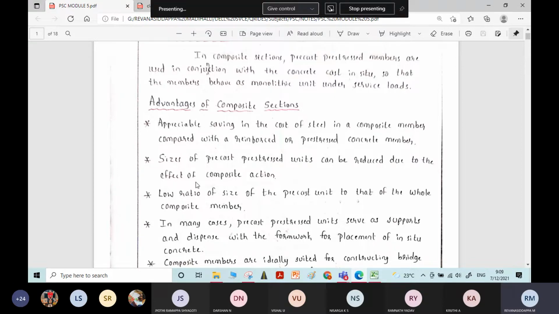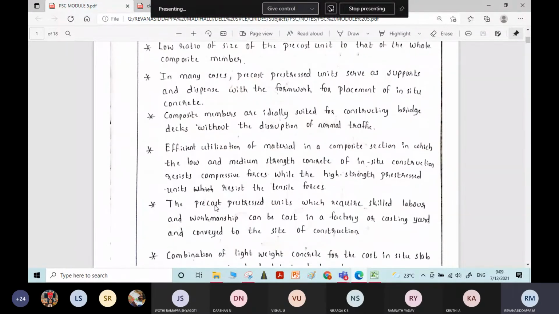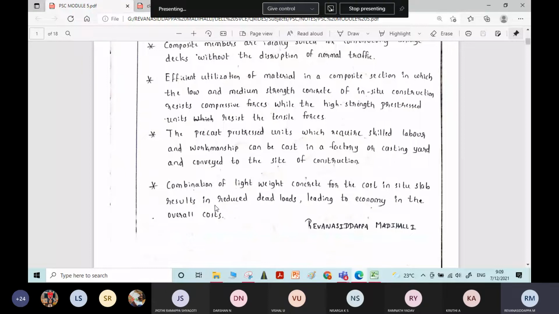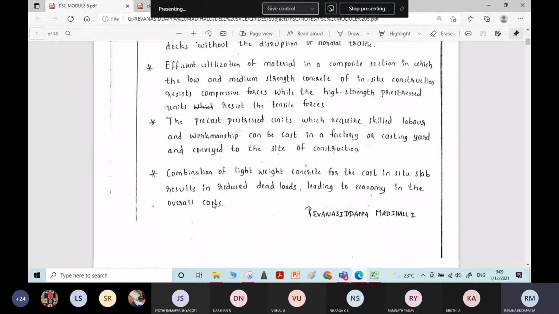That is also one of the advantages. Then the composite members are ideally suited for constructing bridge decks without any disruption of the normal traffic. The process can be carried out without disruption of the normal traffic.